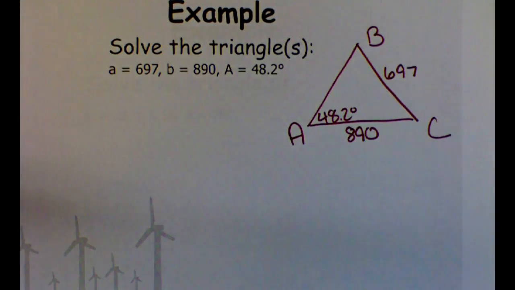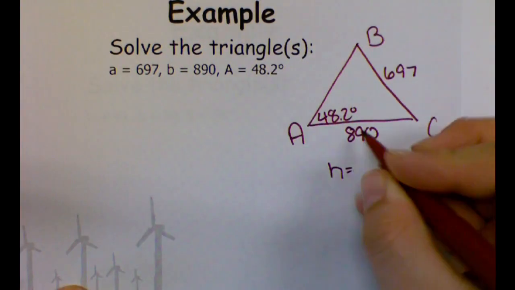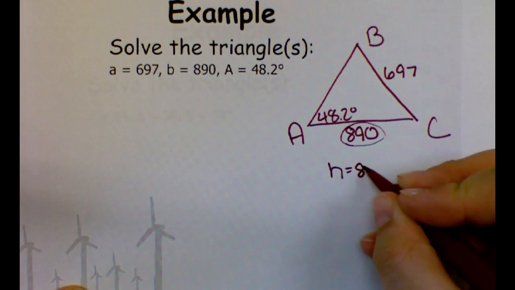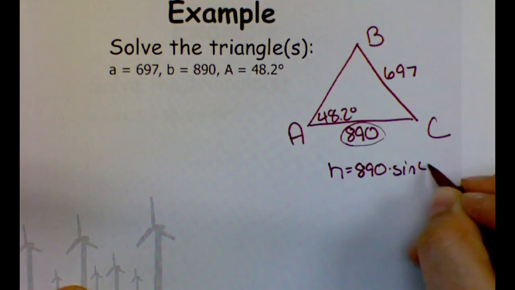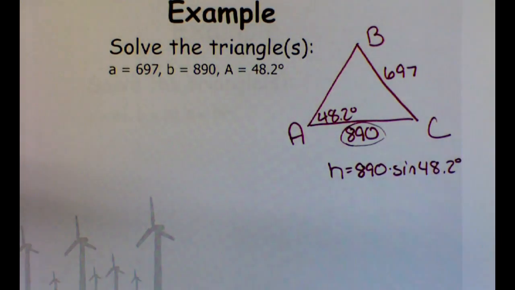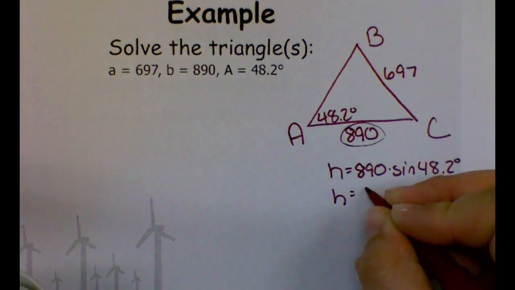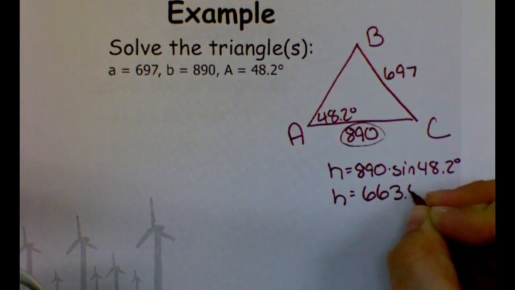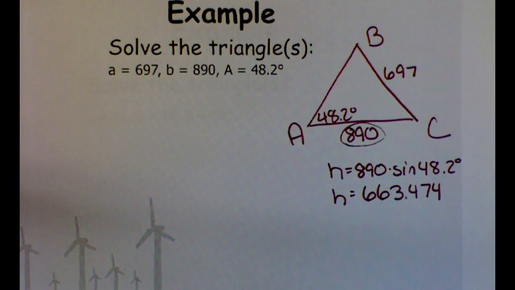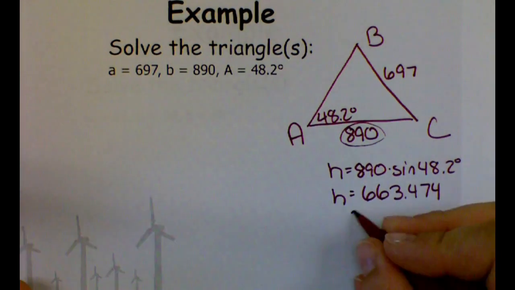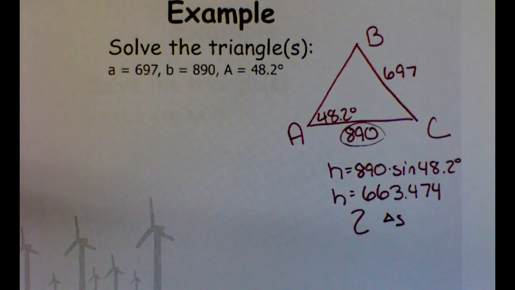According to my rules, that means I have to find h. H is the other side times the sine of the angle. H is 663.474, which is smaller than the other side, which means we have 2 triangles.